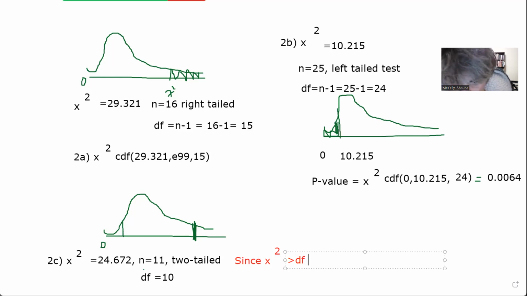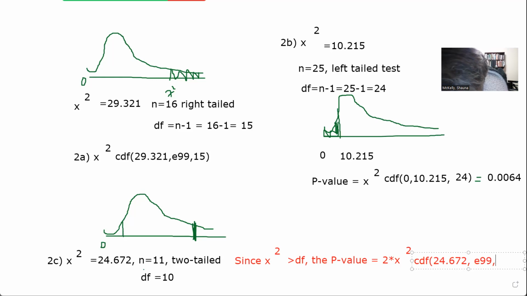We're going to have my p-value equal to 2 times chi-squared CDF from 24.672 to E99 and my degree of freedom, which is 10.